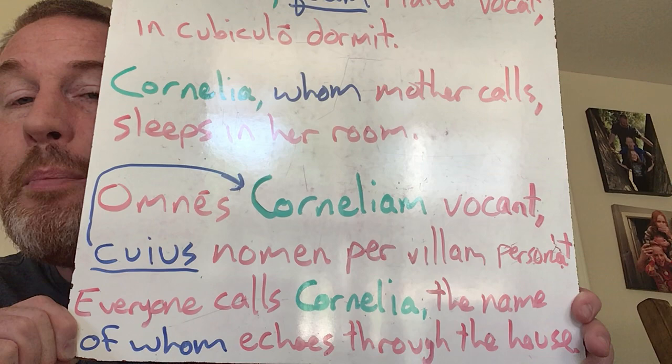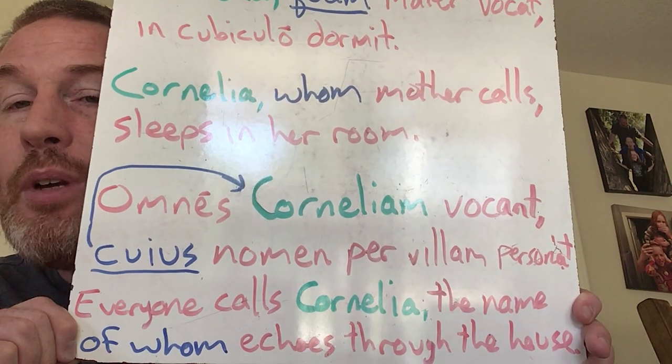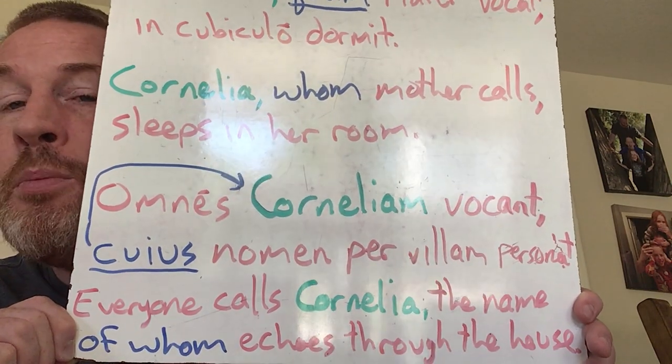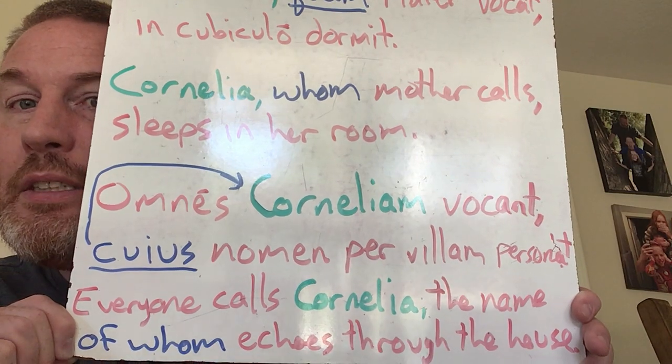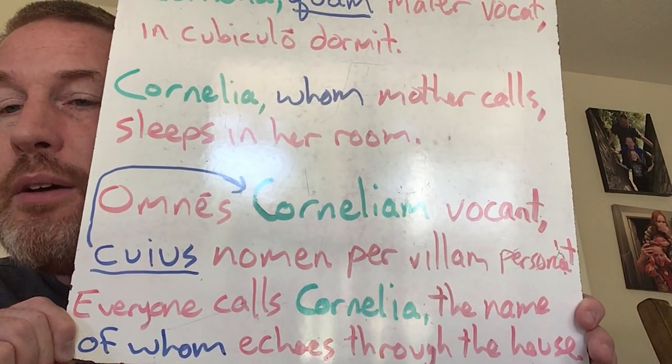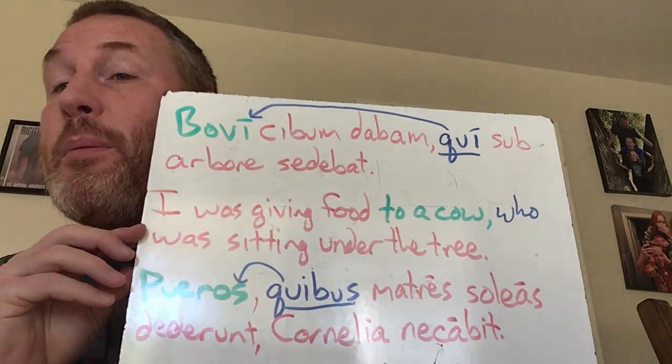So cuius nomen per villam personat, the name of whom, referring back to our antecedent, echoes throughout the house. I have a couple more examples, so hopefully it'll help make sense. Again, pause it, rework it, see if that makes sense for you, because we'll be doing exercises on it as well, very similar to how I'm doing it.